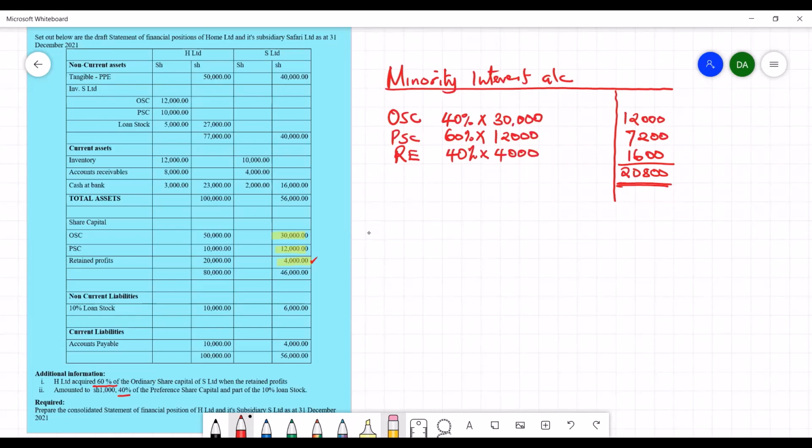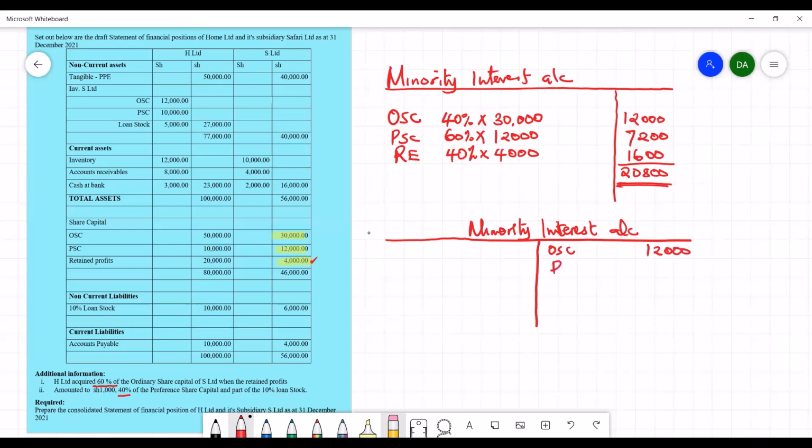If we prepare this using the T account method, we are going to have an account that looks like this. We have a minority interest account, which has on the credit side, ordinary share capital of the minority, 12,000.